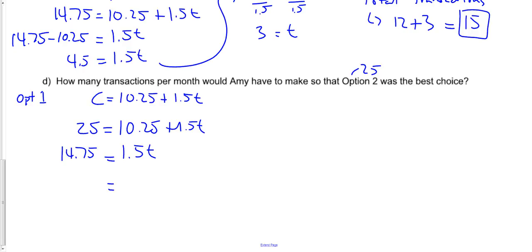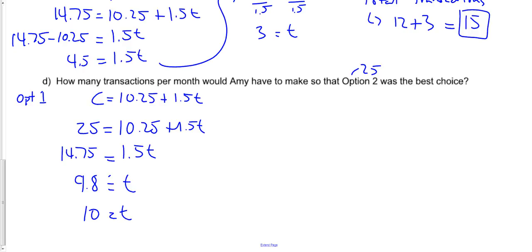So I want to get T all by itself, so I'm going to divide both sides by 1.5. So T is going to equal 9.8. Now, you can't actually have 0.8 of a transaction, so I'm going to round it up to 10.